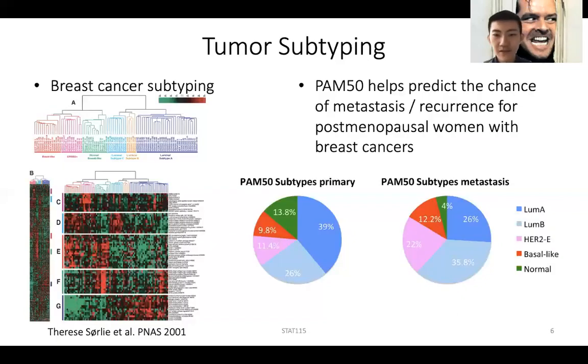So I can see from this slide that tumor is really heterogeneous. And then, for example, when we are doing experiments, we normally would take a cancer cell line to try to model the human cancer type.